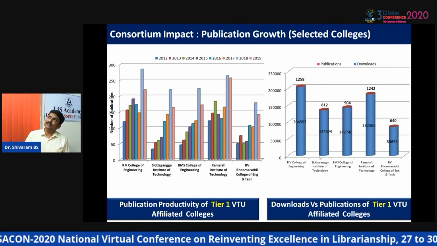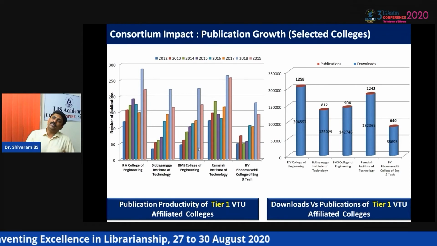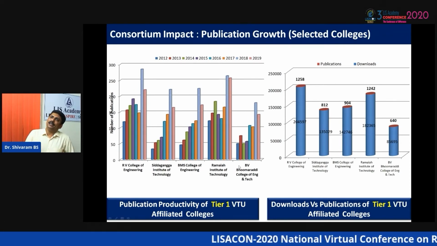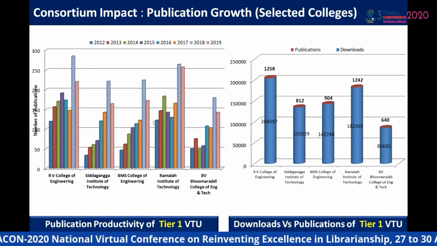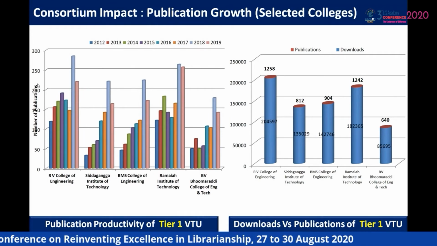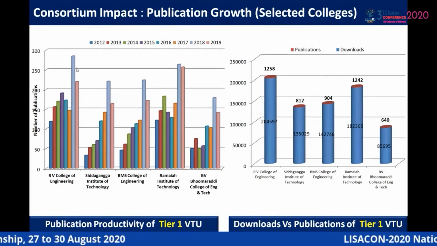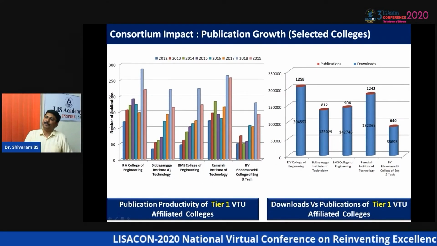So we have taken these types of colleges as tier 1 colleges, and we looked at their publication growth. You can see that except Ramaiah and RV College, the other three tier 1 colleges have recorded steep growth in their publications after 2014. Ramaiah and RV College have also recorded a larger number of publications in these years.